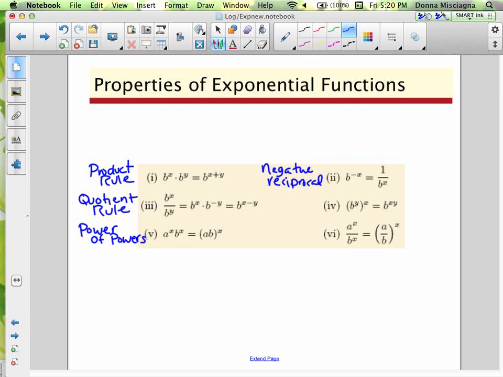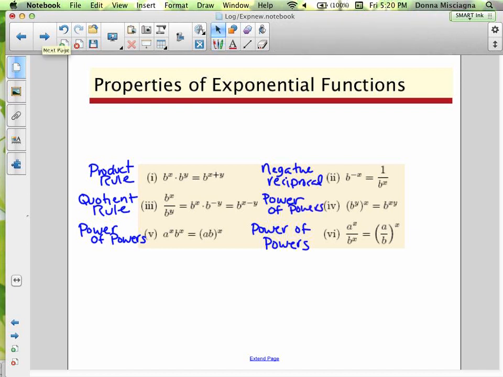One is just showing you a product. One is showing you a quotient. And the other is showing you a power raised to a power. So technically they're all power of powers because you could say that a and b in the parentheses there is just raised to the first power. Okay, so you can multiply the exponents.